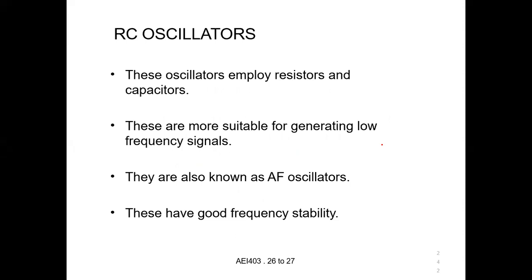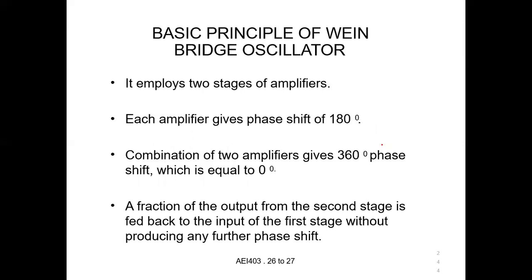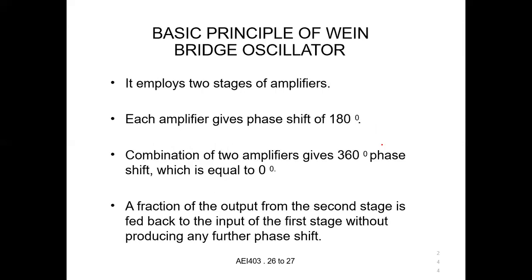They are also known as AF, audio frequency oscillators. These have good frequency stability. The types of RC oscillator are the Wien bridge oscillator and the RC phase shift oscillator. Both of these give the output as a sine waveform.